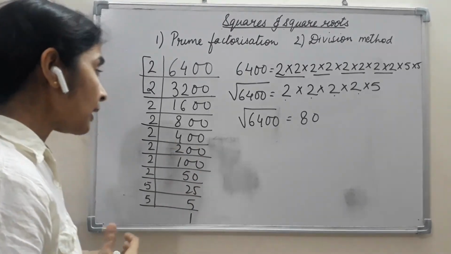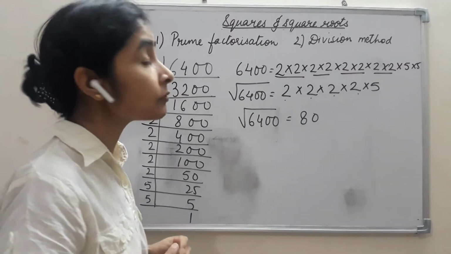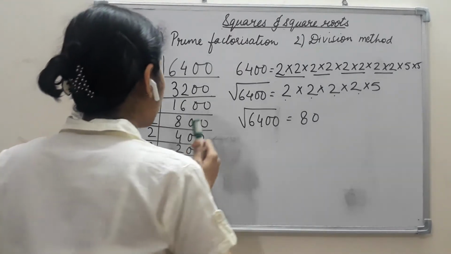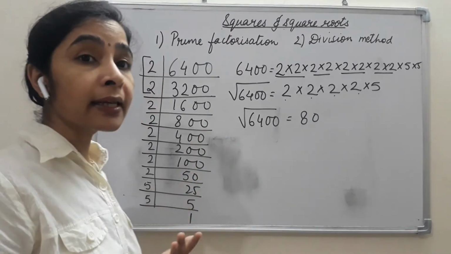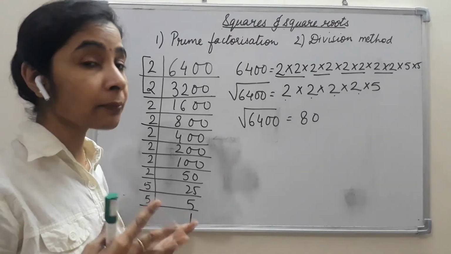Now we are asked to find out the square roots of the given number, but sometimes we are asked in the application manner. That means to apply this in our practical life, how we can use the concept of square root in our practical life.